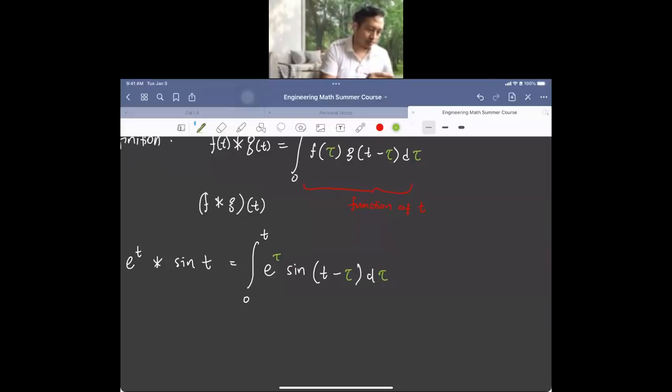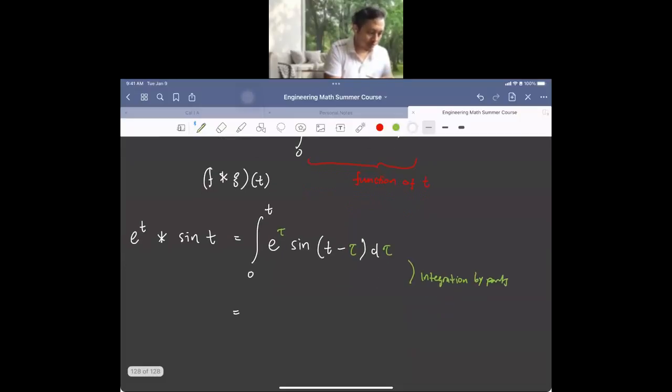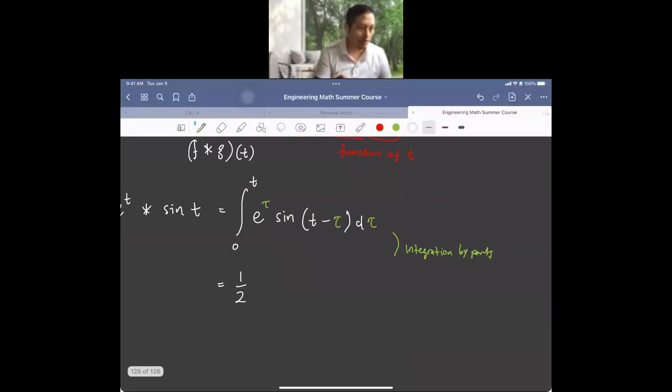Then what will happen? I think we can solve this by integrating by parts, and I will skip some formulation.